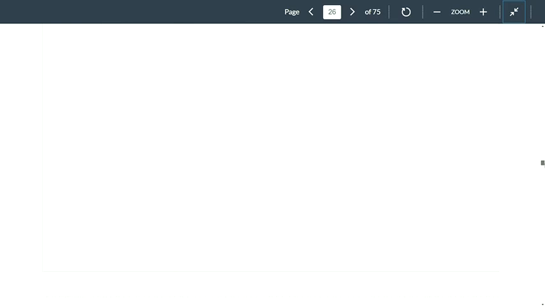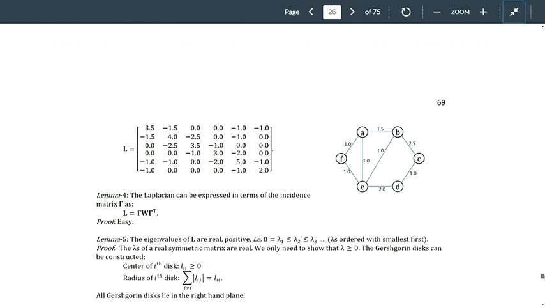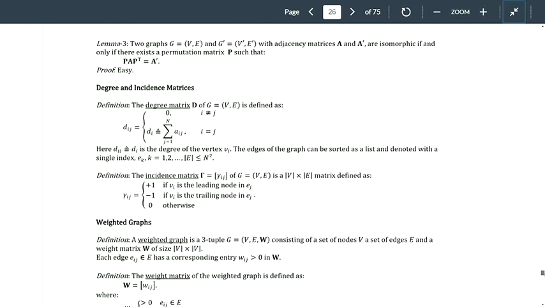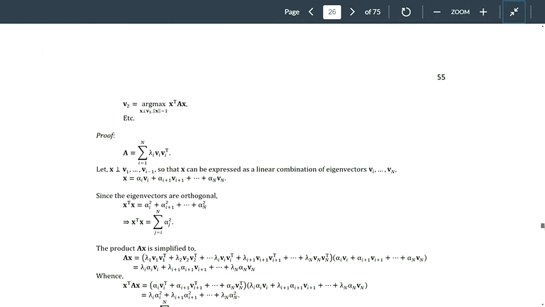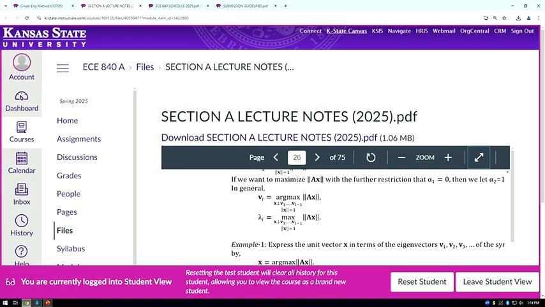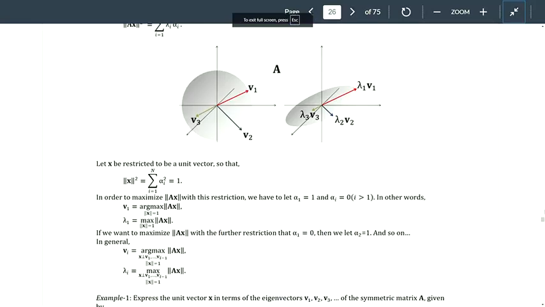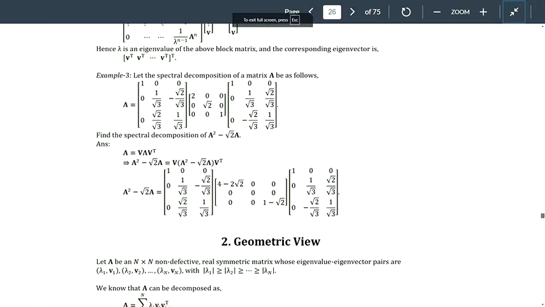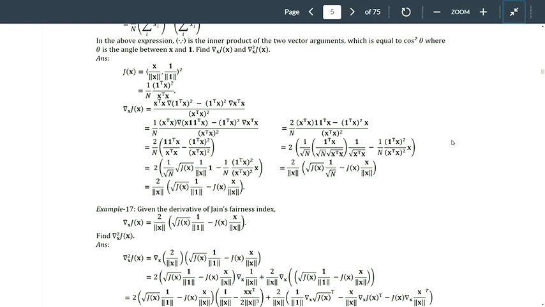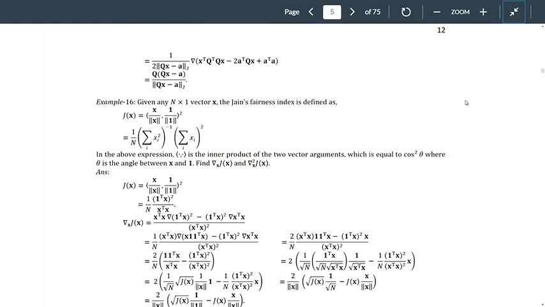We might not be able to teach graph Laplacians; I'll teach something else this time. This is the whole lecture notes, not a sample. And you'll see there are enough worked out examples. Go through them.